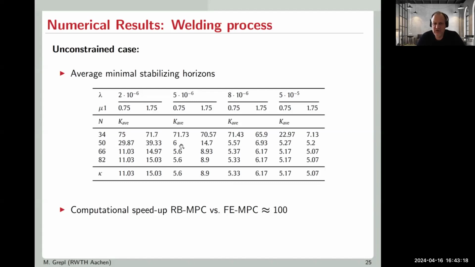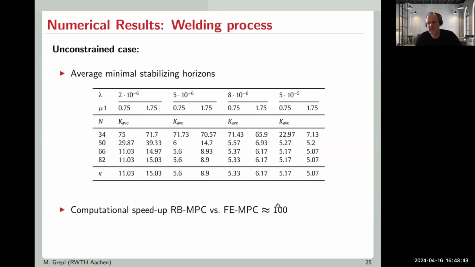If our reduced order model is not accurate enough, then we have to choose a much larger stabilizing horizon, so very conservative, which has to do with the fact that our error bounds are simply not sharp enough. Since we consider the worst case, we get much larger stabilizing horizons. But again, as our model becomes more accurate, we approach the FE one.